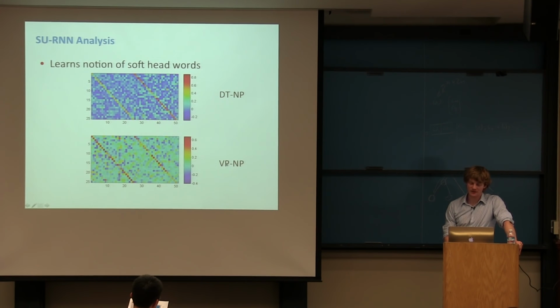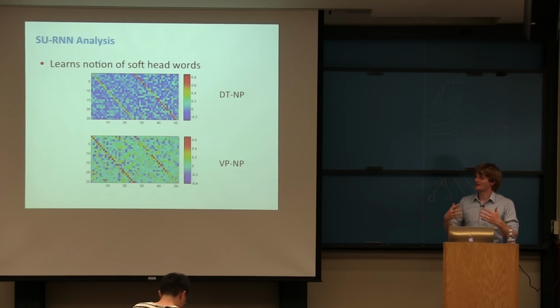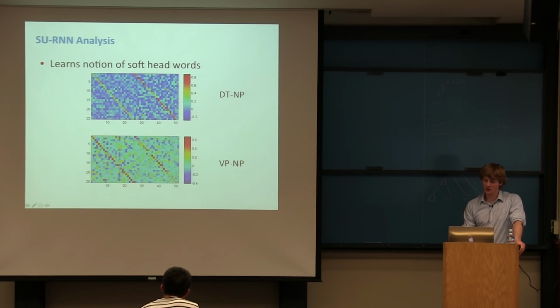Or in this verb phrase here, maybe the verb matters more than the noun, because in the end, the action sort of matters more than maybe the things that depend on the action. What's cool is this model actually learned what linguists had themselves sort of come up with by trying to analyze grammatical structure in language. So it, for instance, learned that when I combine a determiner like the or a with a noun phrase like cat or church or windows, the noun phrase actually matters more.